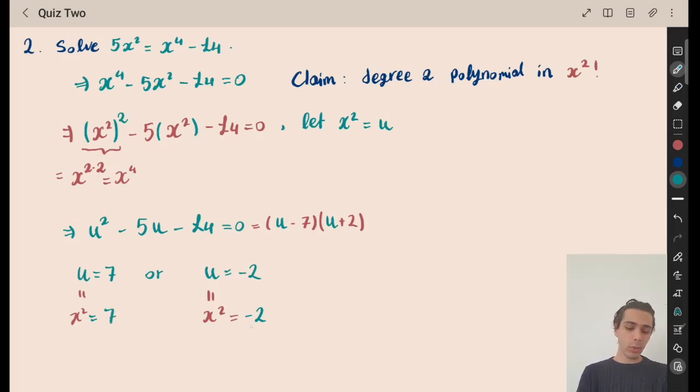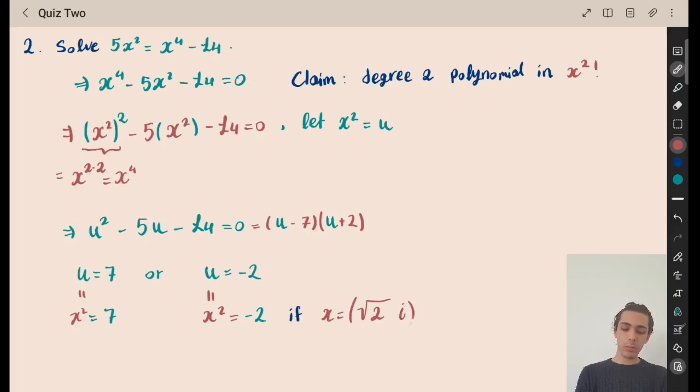Now, x squared is equal to minus 2 if x is equal to, well, no minuses actually, just square root of 2 times i.